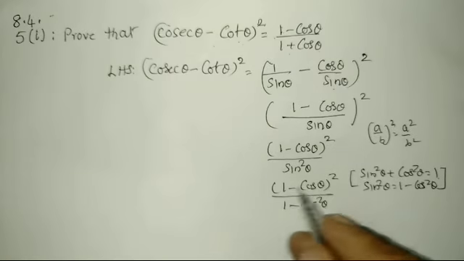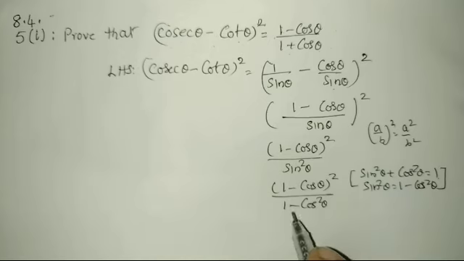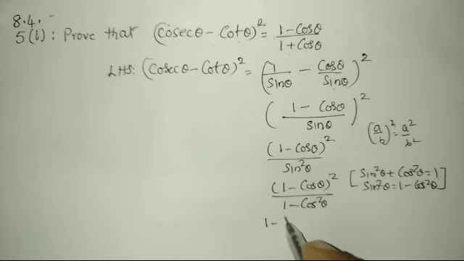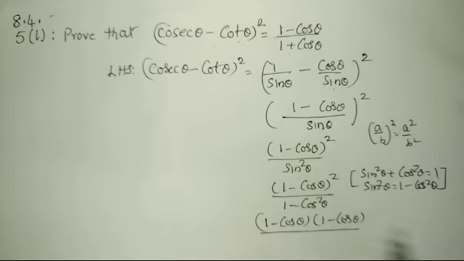Now (1 minus cos theta) whole square is in the form of (a minus b) whole square. We know that (a minus b) whole square can be written as what? (a minus b) into (a minus b). That is (1 minus cos theta) into (1 minus cos theta) by 1 minus cos square theta, which is in the form of a square minus b square.